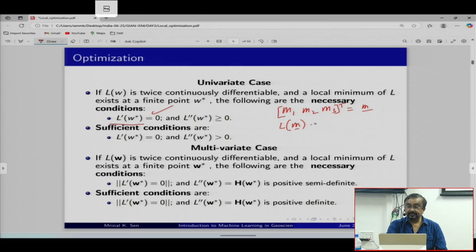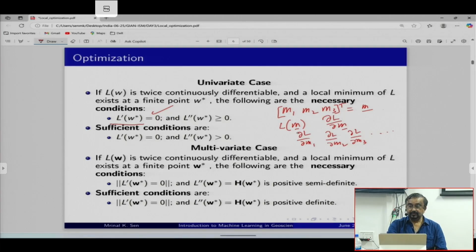Now we have to take the derivative of this, right? So I need to calculate del L del m. How do you compute the derivative of a function of multiple variables? Take partial derivatives, right? So you can have del L del m1, del L del m2, del L del m3, and so on, depending on how many parameters you have.